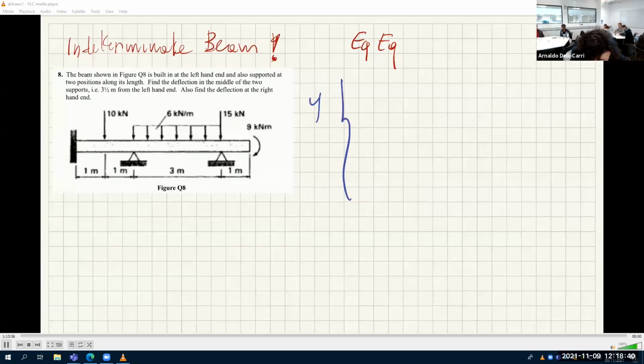So we have 1 along the y-axis, 1 along the z-axis around A. And so let's say that these ones are AY, MA, BY, and CY.